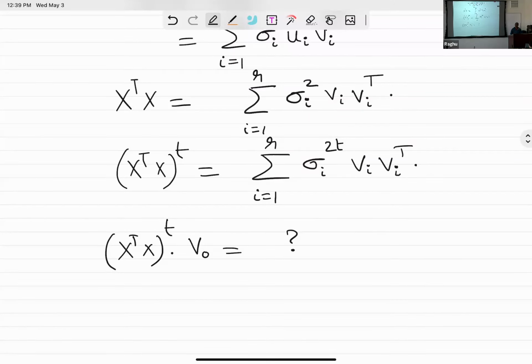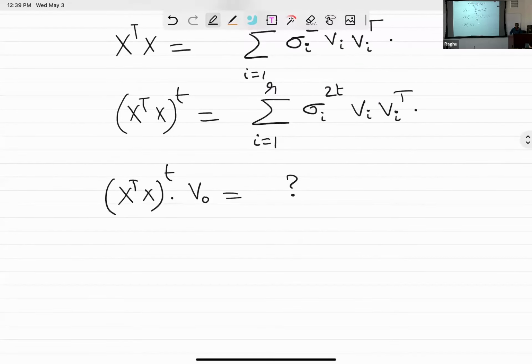Exactly, the right singular vectors are an orthonormal set of vectors, so you can use them as a basis to write V0 as a sum of them. Technically, you might not have all of the vectors, but you can add some other stuff if needed. Remember, there only are right singular vectors, but we can extend them to form an orthonormal basis if needed.